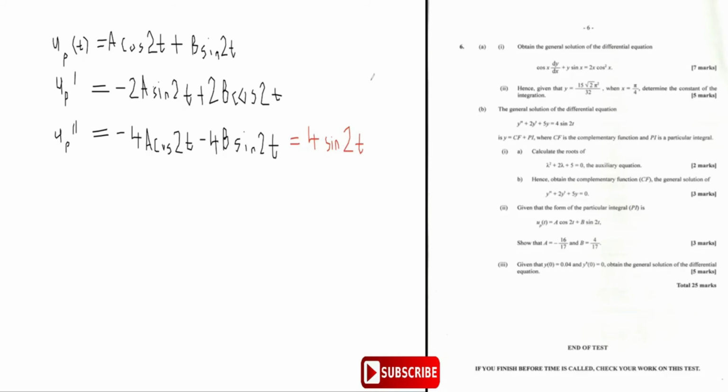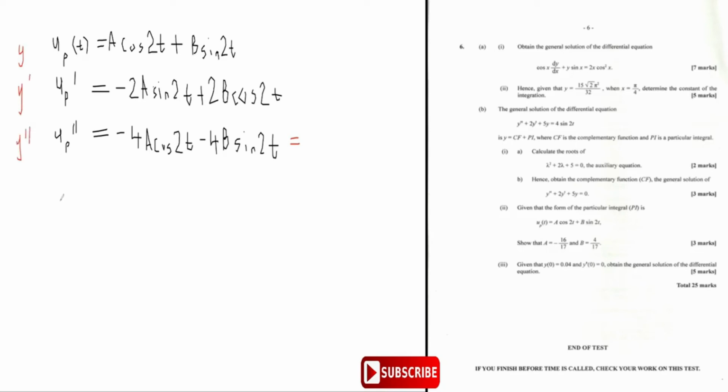Remember, it said that the differential equation is y double prime plus 2y prime plus 5y equals 4 sine 2t. So think of this as y, think of this as y prime, think of this as y double prime.